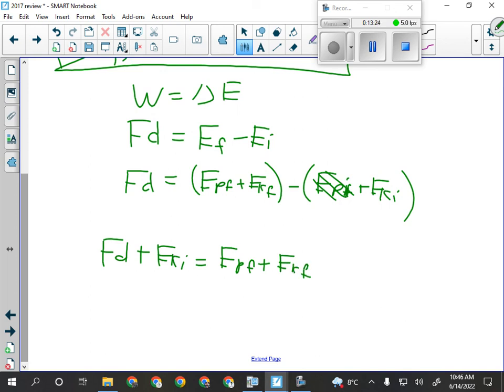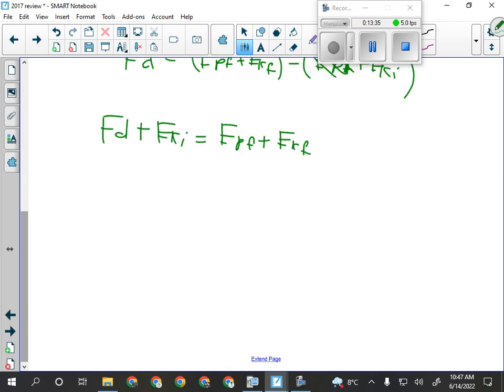Right? Does that still make sense, right? The change in energy plus my initial energy should equal my final. Okay. I'm looking for something that's part of EKF, so I'm going to subtract the potential energy final back over here. So now I'm going to have force times distance plus EK initial minus EP final equals EK final.